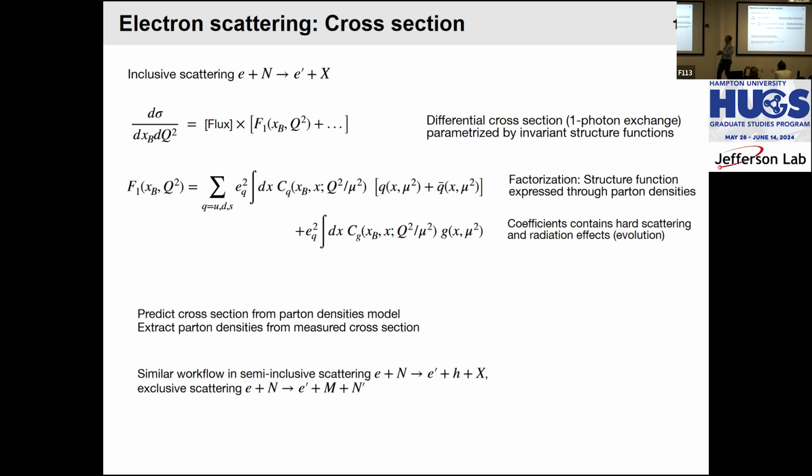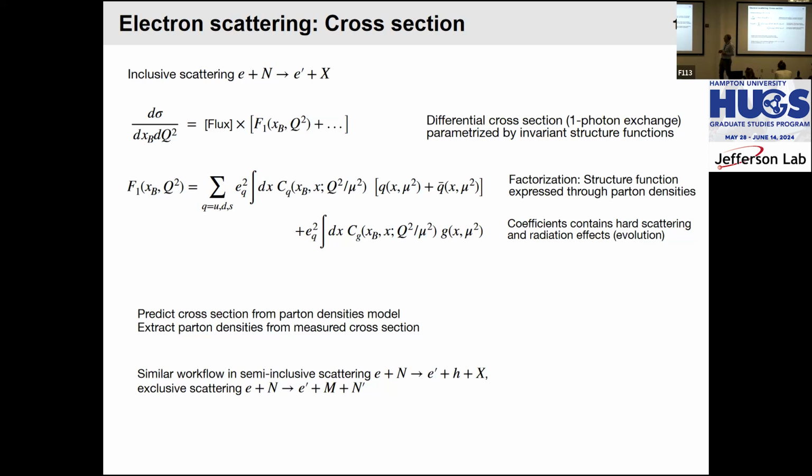This is a particular way of writing it schematically. You could do it in a way that we split up this function C into two factors. One is a coefficient function depending only on Q square, and the other is some evolution factor that depends on Q square over mu square. And then you could attribute this evolution factor either to the parton density or to the coefficient function.